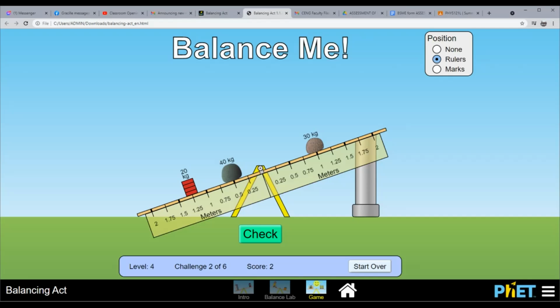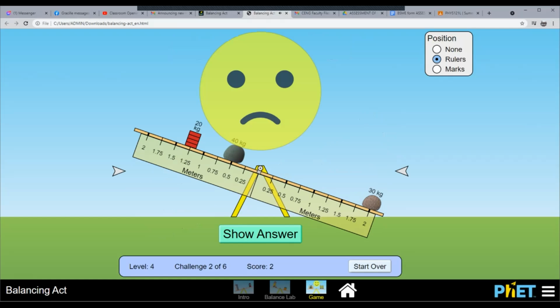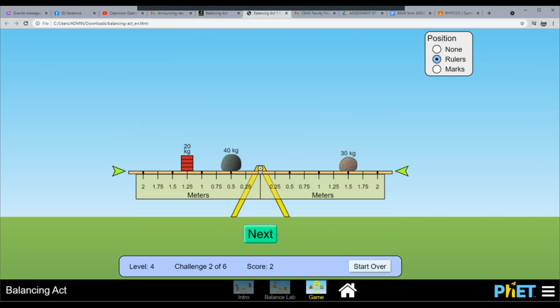Sa 2 po. Or 1.75? Let's check. Incorrect. Let us show the answer. The answer should be at 1.5. Analyze nyo nga ulit.